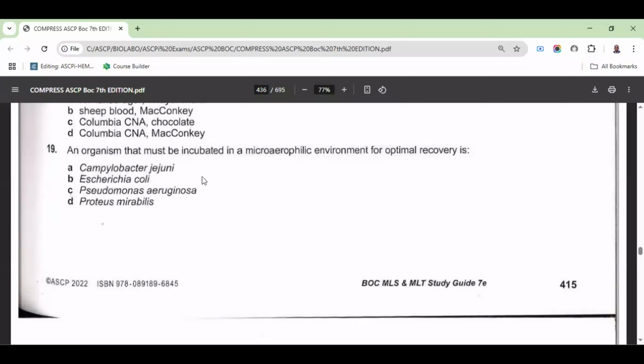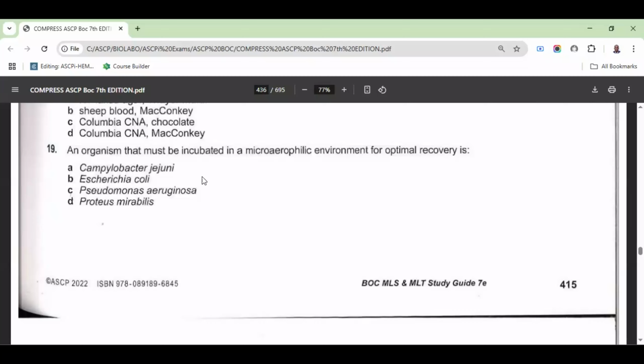Most of the fastidious ones require this condition, and they usually also need a high concentration of CO2, so they are also capnophilic. We have a group known as capnophilic microaerophilic bacteria. Most fastidious organisms are gram-negative, of course, except Streptococcus pneumoniae, which doesn't require this condition. It is a facultative anaerobe.